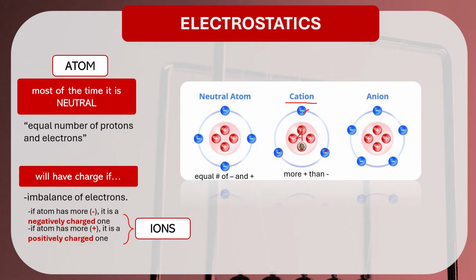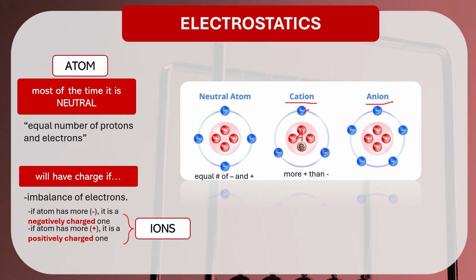So it has charge already, because an atom will be charged when there is an imbalance of electrons. There will never be an equal number of protons and electrons. In this case, it's unequal. There are more positives than negatives, so therefore it's a charged particle, specifically called a cation.